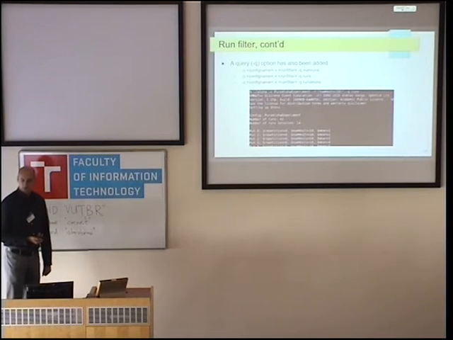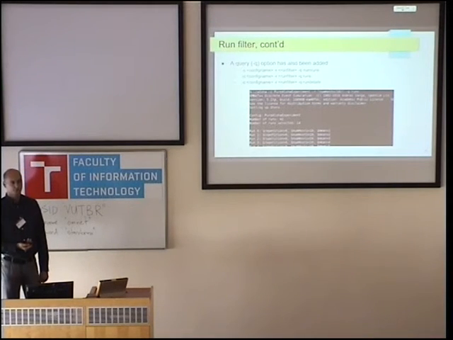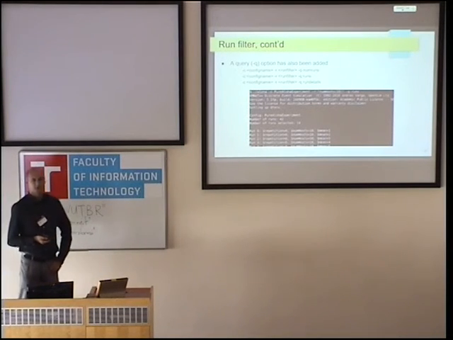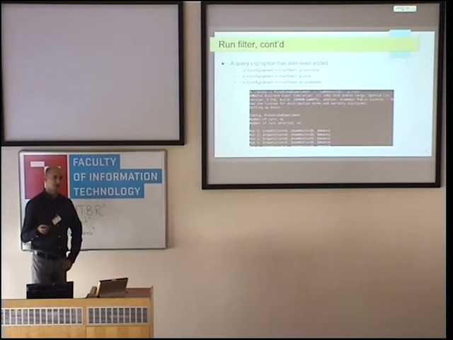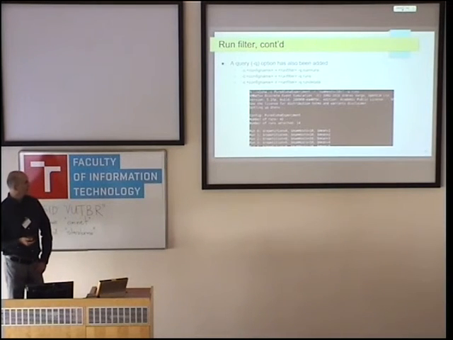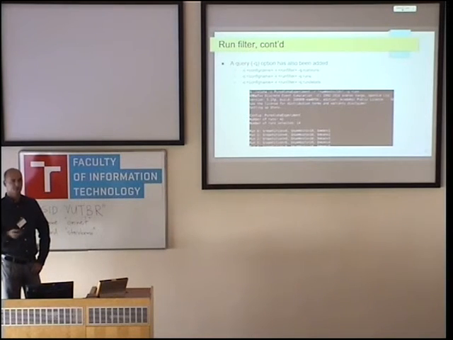And we have also added some options to query simulation runs. The -q numRuns option tells you how many simulation runs there are in a configuration, and then you can query what they are, what are the values of the iteration variables.